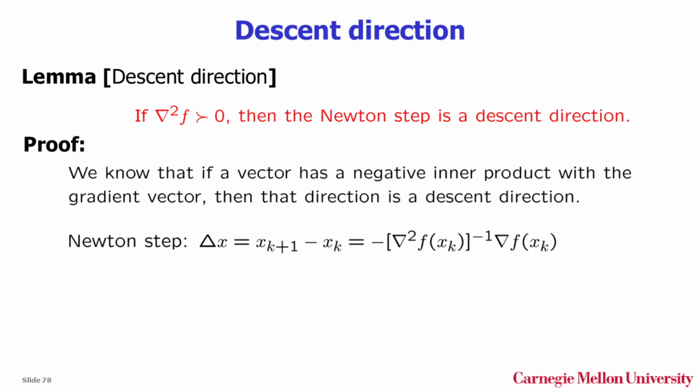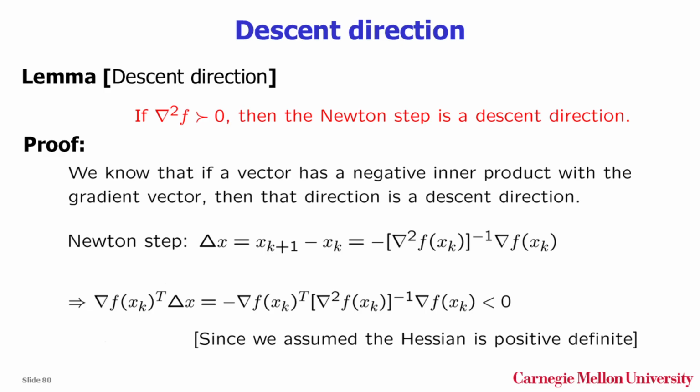We also know that the Newton step is given by delta x equals minus the inverse of the Hessian times the first derivative of function f. Since the Hessian is strictly positive definite by assumption, it follows that the inner product between the Newton step and the gradient is negative. Therefore, the Newton step is indeed a descent direction.